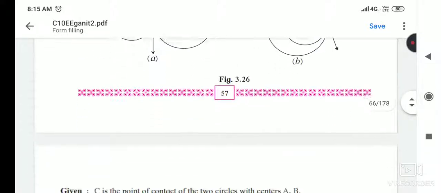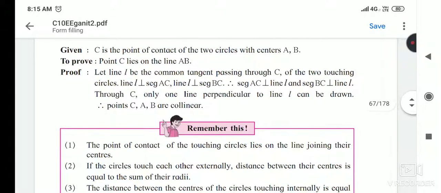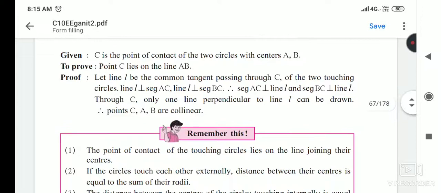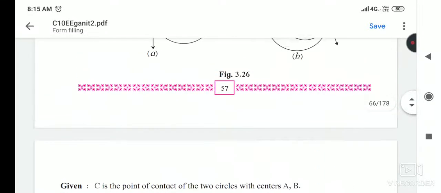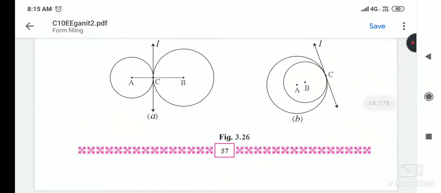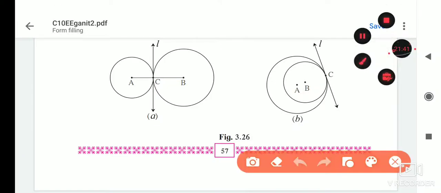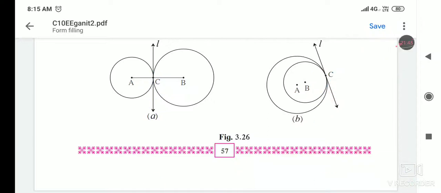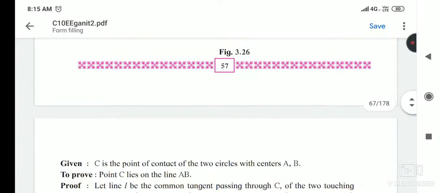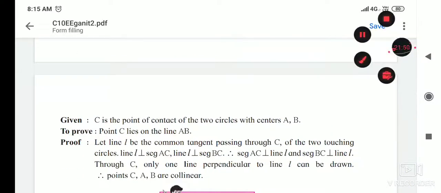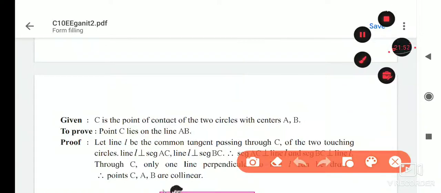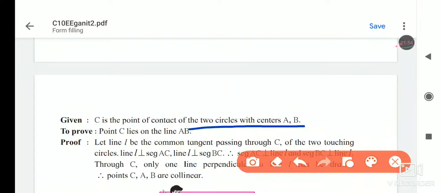For this theorem we have to write only these three lines for the proof. Given: C is the point of contact of two circles with centers A and B. To prove: C lies on AB.